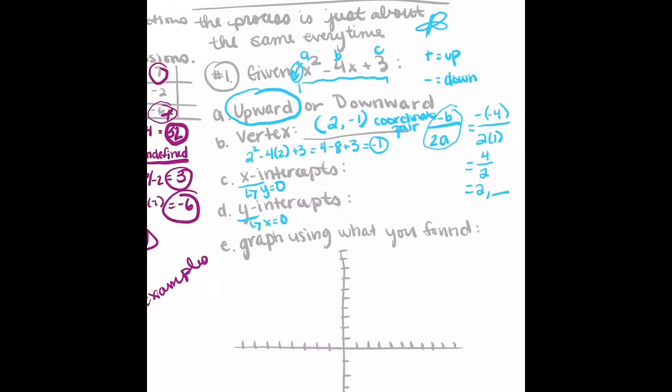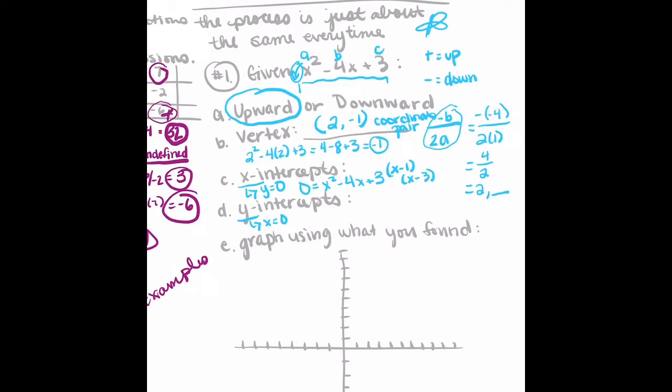So when we set y equals 0, here we say 0 equals x squared minus 4x plus 3. How can we factor that? Well, we could do it like this, right?